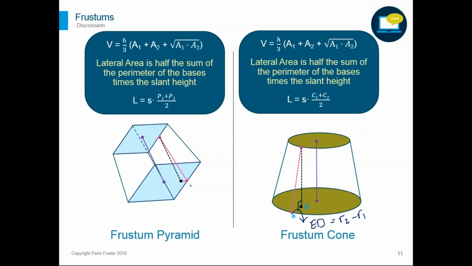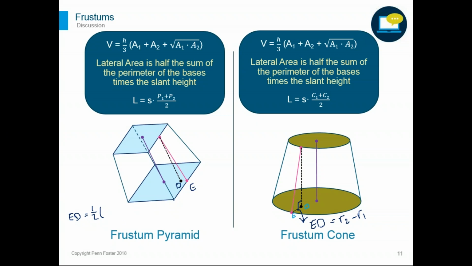With pyramids, it's the same idea. We have an ED dimension, and this time ED for frustum pyramids is half of the difference between the width of the major and minor bases.